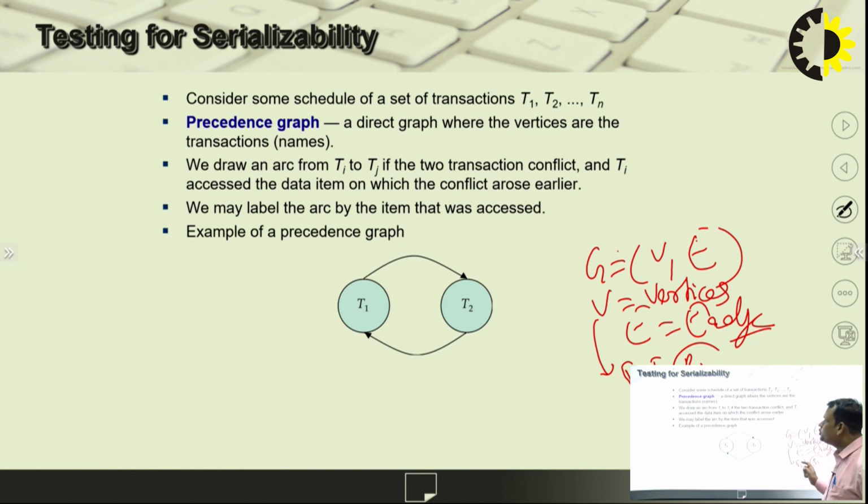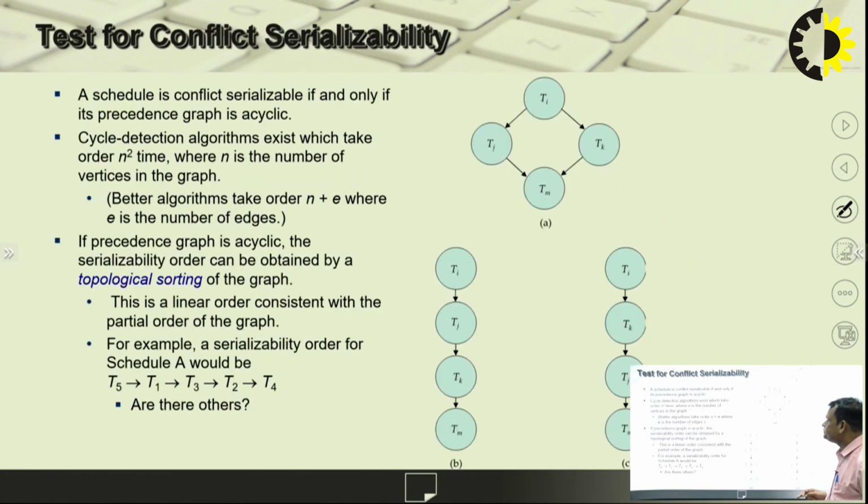This is also known as the transaction precedence graph. In the transaction precedence graph, T1 is a transaction state with vertices, and the edges are connected by the three conditions.